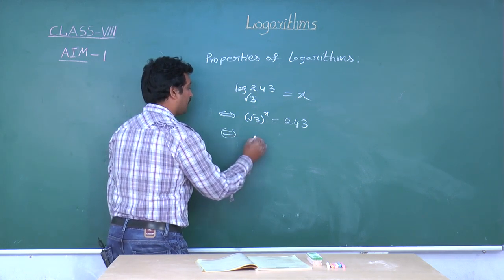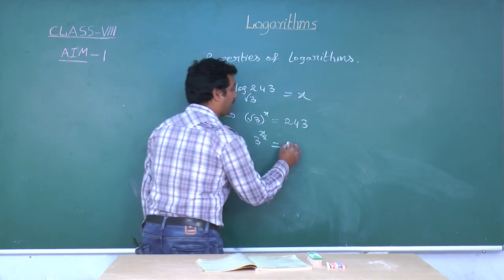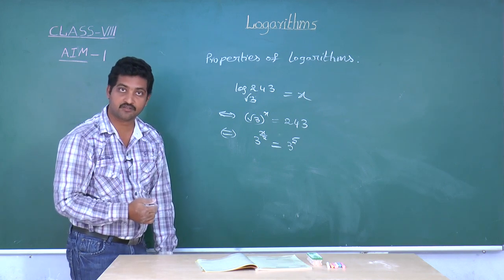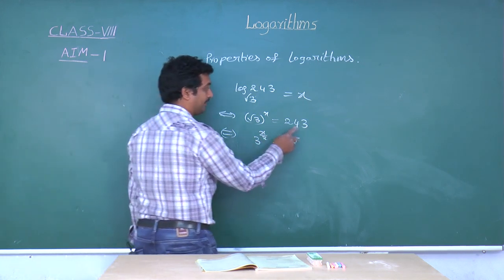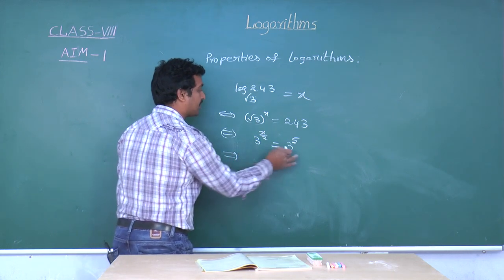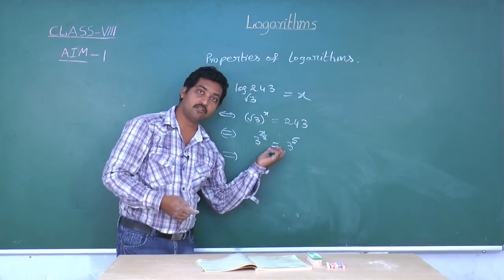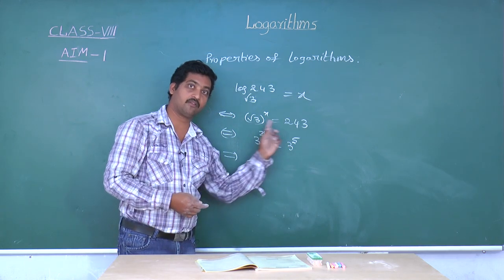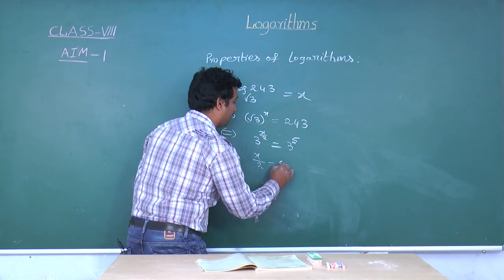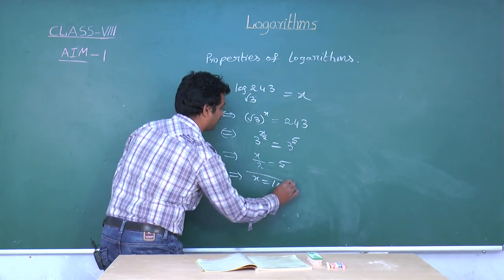Now, 3 power x by 2 is equal to 3 power 5, because 243 is equal to 3 power 5. Now compare, bases are equal. Whenever bases are equal and there is an equal to sign in between them, then the powers are also equal. Therefore, x by 2 is equal to 5. That implies that x is equal to 10.